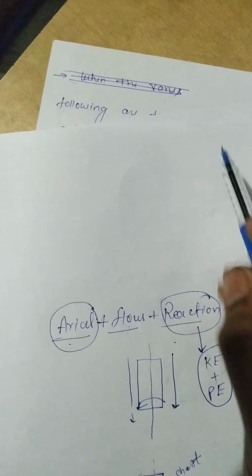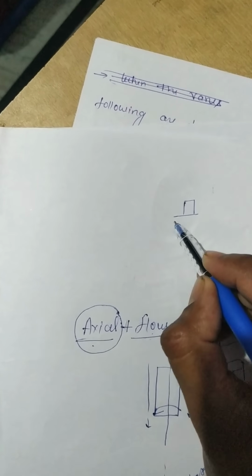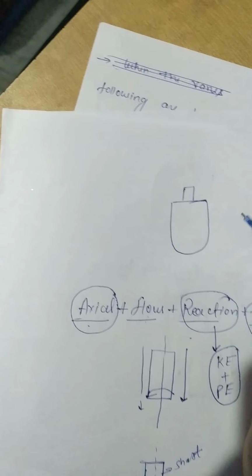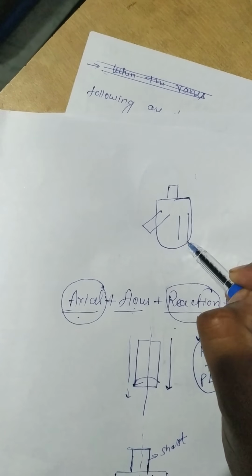So look at the figure. Suppose this is a shaft and this is a boss or hub, as we are saying, and it has the vanes or blades.